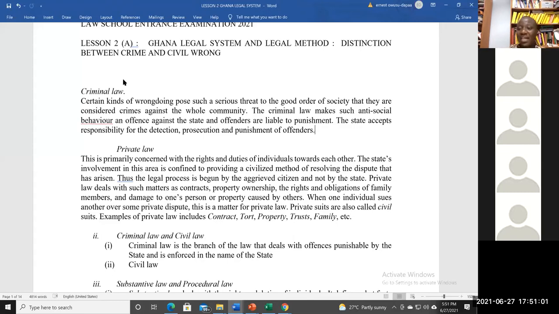So apart from classifying law as municipal or international, we may also classify it as public law as against private law.